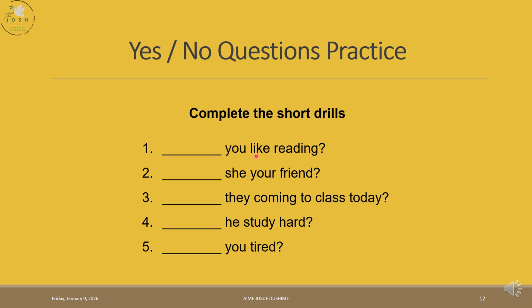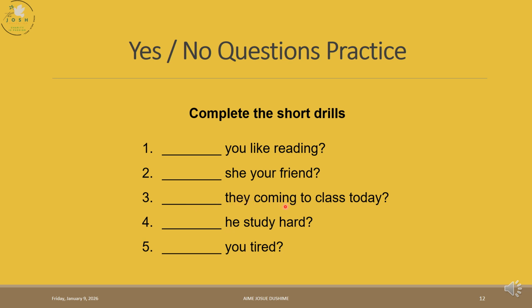Remember, in yes/no questions we can use auxiliary plus subject plus verb, and that auxiliary can be do, does or did. It could also be the forms of verb to be in present and in past. So simply here, do you like reading? Is she your friend? Are they? Did they?